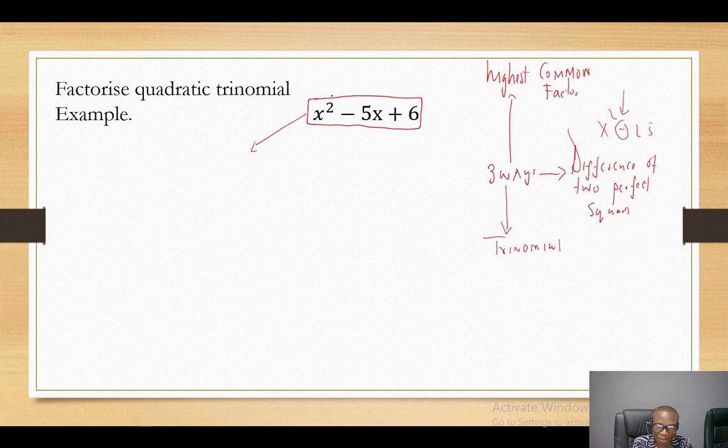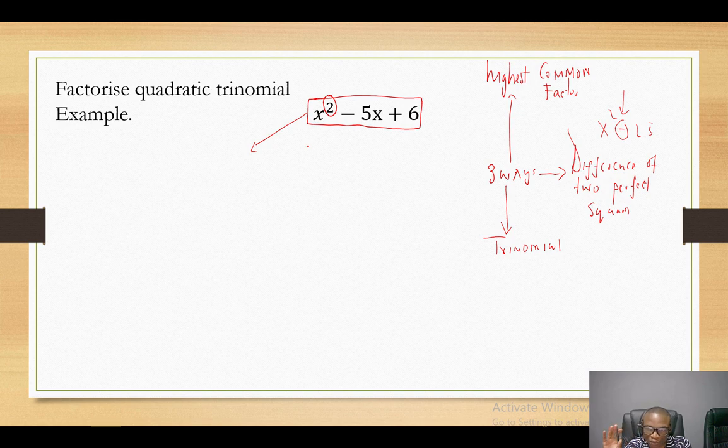Did I say power? Most people say power of 2. I don't like that. It is actually exponent 2. The highest exponent is 2. If you have an expression where the highest exponent is 2, that expression is quadratic. Even if it's a monomial. Mono means one term.